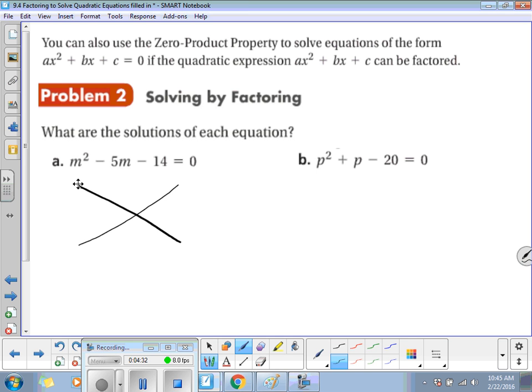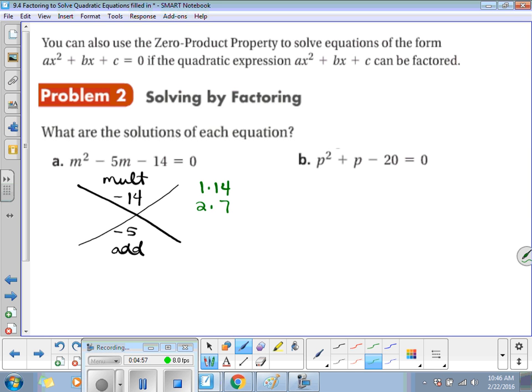When we multiply, we want to get negative 14, and when we add, we want to get negative 5. So my factors are going to be 1 times 14, 2 times 7, and that's it. Now, we want a negative 14, so one has to be positive and one has to be negative.